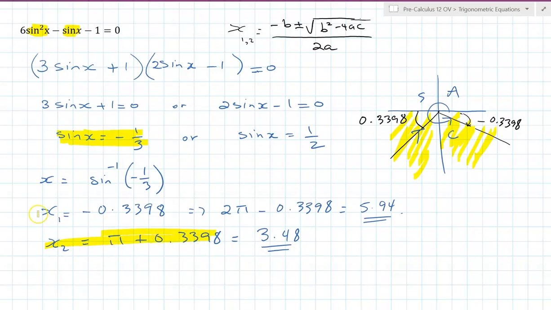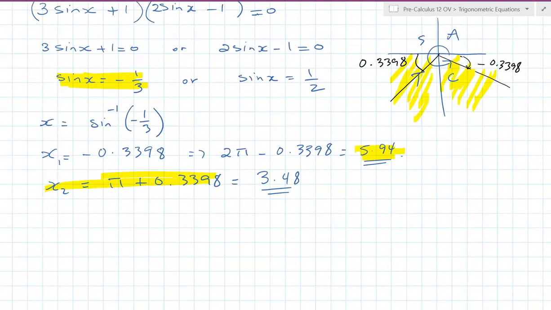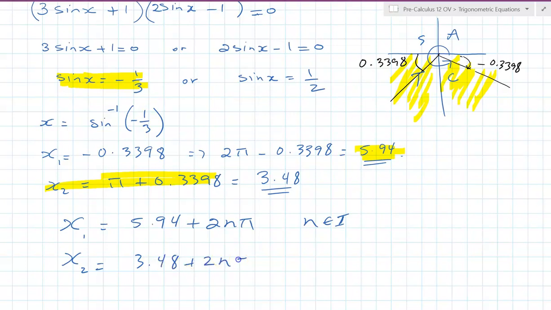Okay, and while we're at it, perhaps we can put it into general form. So x1 for the general term will be 5.94 + 2nπ, where 2π is the period of this function and n belongs to the integer number set, and x2 is 3.48 + 2nπ.